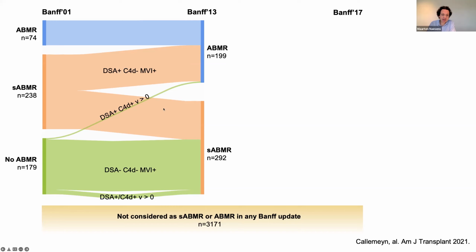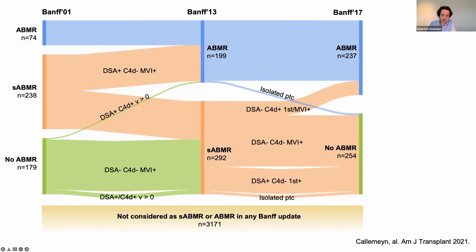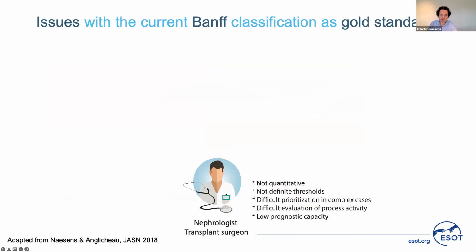Other cases were classified in Banff 2013 as suspicious for ABMR, but no longer classified as suspicious for ABMR in Banff in 2017. So the same biopsy that was classified as no rejection in Banff 2001 could have been classified as suspicious for rejection in Banff 2013 and no longer ABMR in Banff 2017. So really illustrating the wobbliness of the classification.